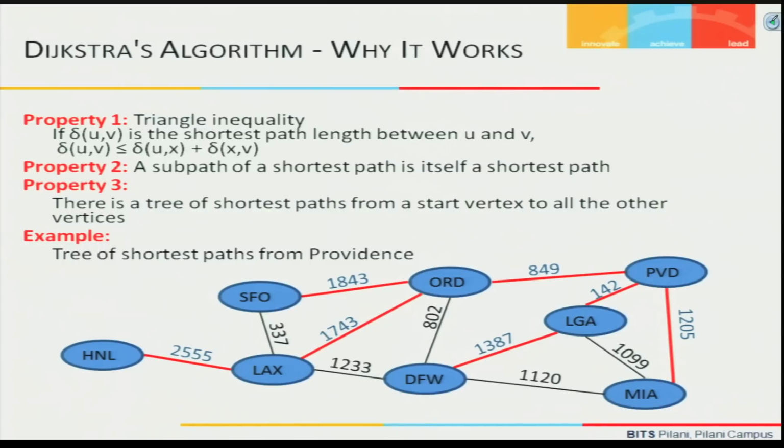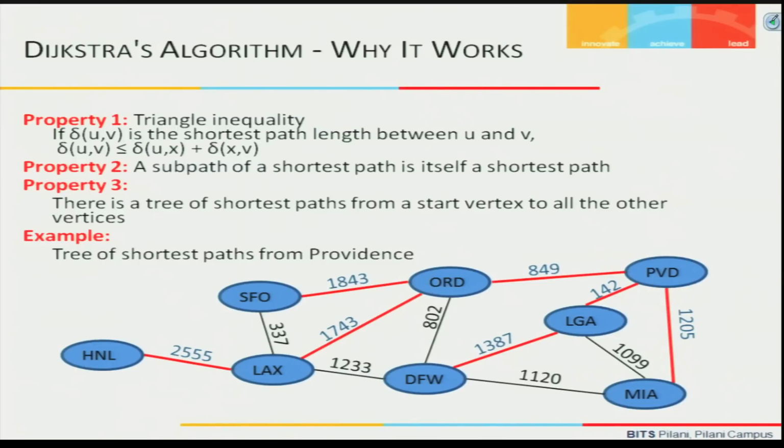We know that in the triangle inequality, the distance between two vertices u and v is less than or equal to the distance between u and x plus the distance between x and v, where x is any other point on the graph. The triangle inequality is so called because it is similar to the triangle inequality in standard Euclidean geometry.